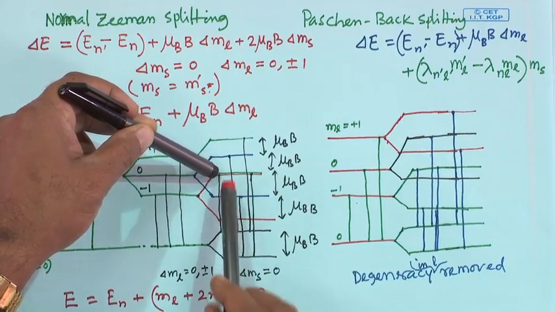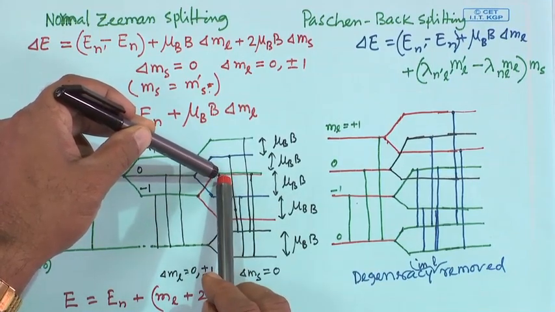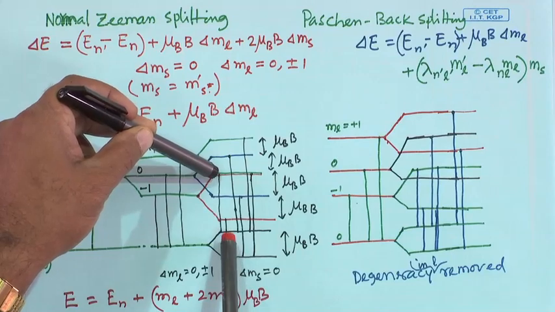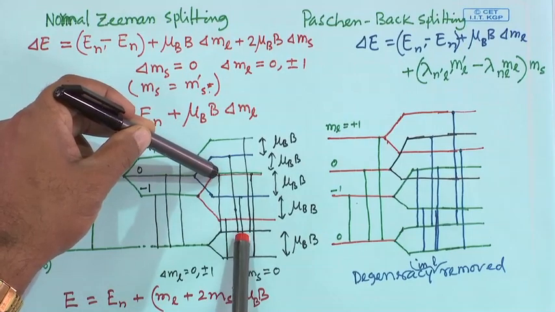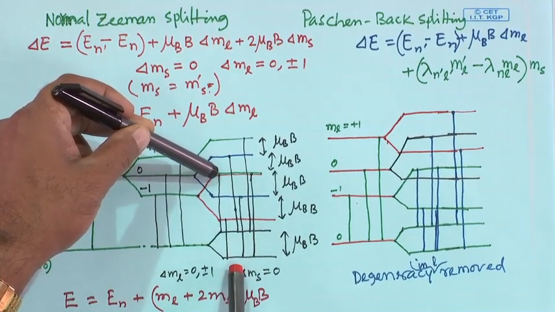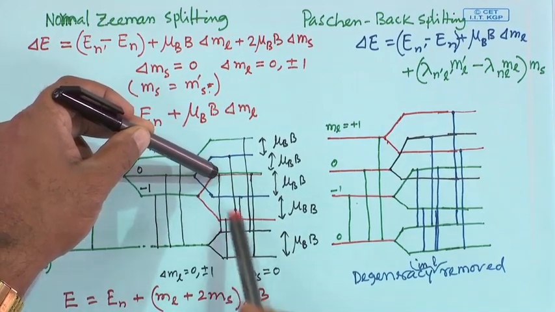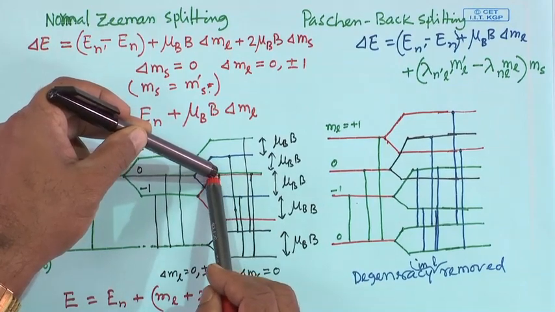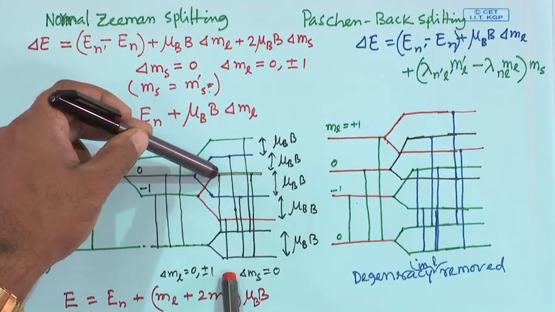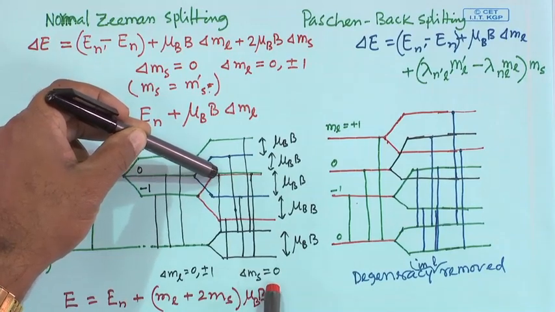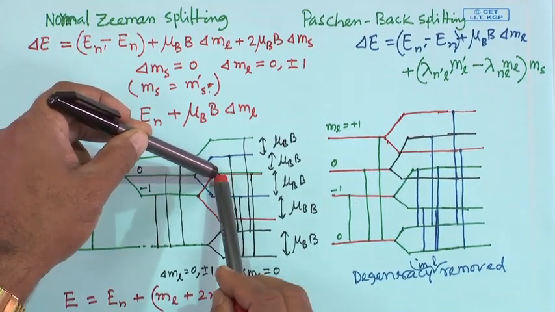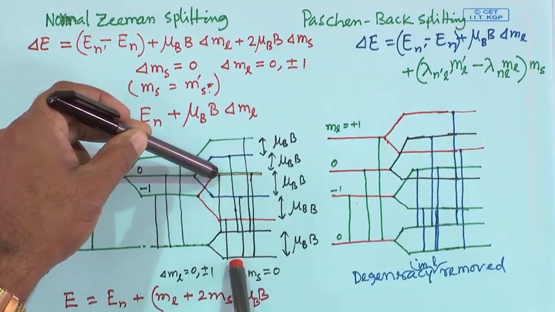In this case, if it is ms equal to plus half, this case also ms equal to plus half, so del ms will be 0. If it is ms equal to plus half, and the other one is minus half, then ms plus half to ms minus half, the del ms change will be plus 1 or minus 1. Okay. So, that is not allowed. So, from here to here it is not possible.